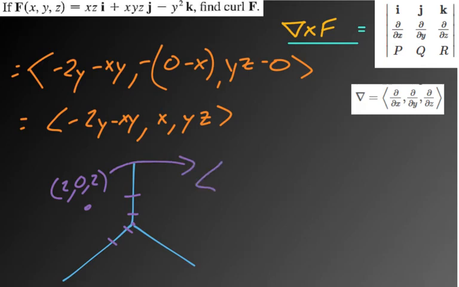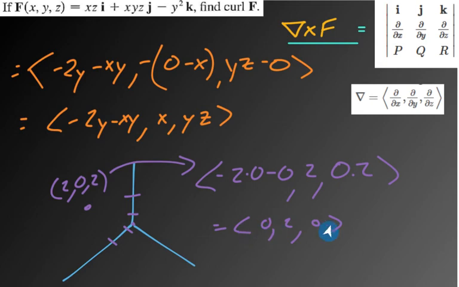Well, it would be minus 2 times nothing. Whoops, sorry, can't do the simple math. Minus nothing, and then comma 2, comma 0 times 2. So you would get nothing, 2, nothing. And so that's just a vector which represents the strength of the circular movement per unit area at that spot.